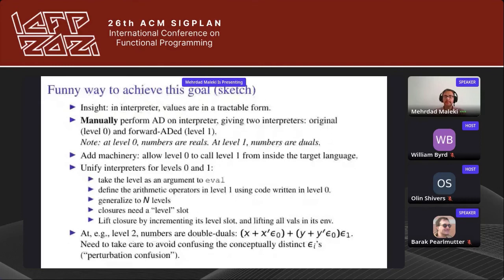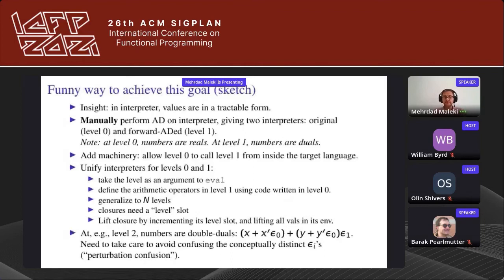By adding machinery allowing level 0 to call level 1 from inside the target language, we could unify level 0 with level 1 by adding a level to the evaluator, to the interpreter. We could generalize this to arbitrary level n, but we need to add a level to the closure, by lifting the closure to the intermediate level and lifting all values in its environment.